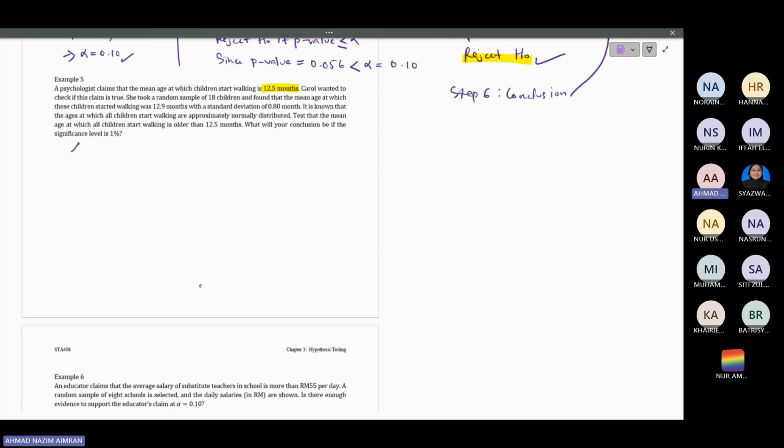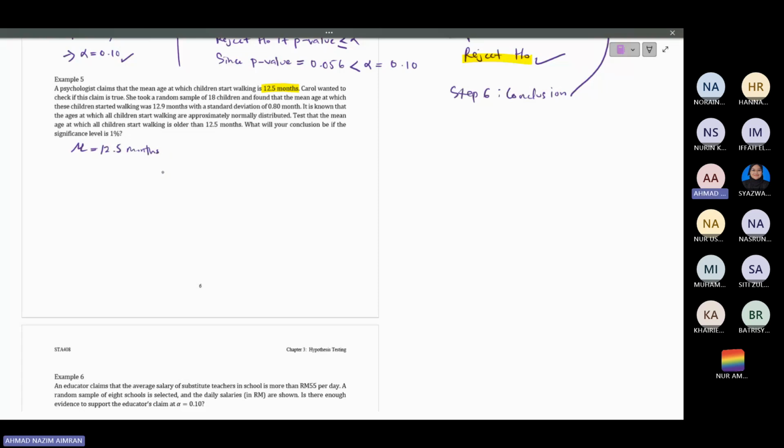This is the mu because it is not based on the sample. Okay, it is based on the population. So mean or mu of the population is equal to 12.5 months. This is what the psychologist claims.